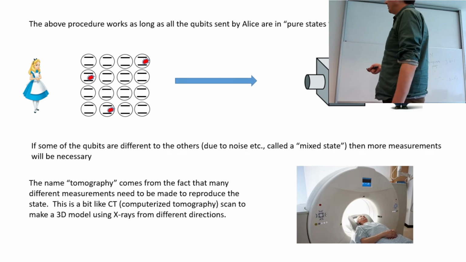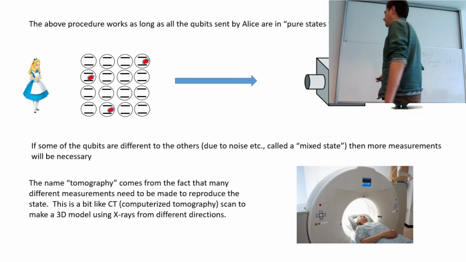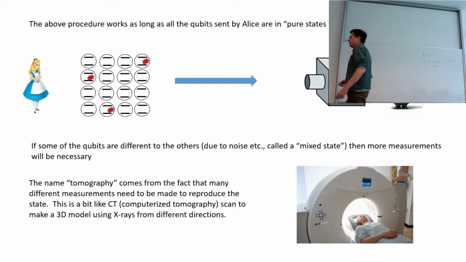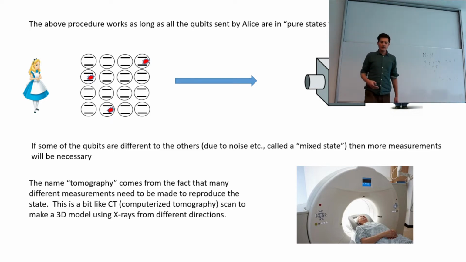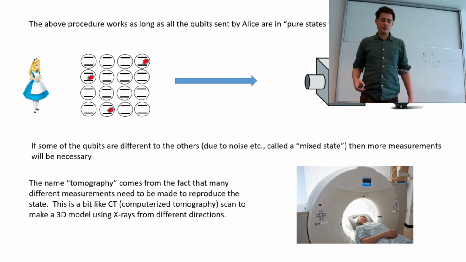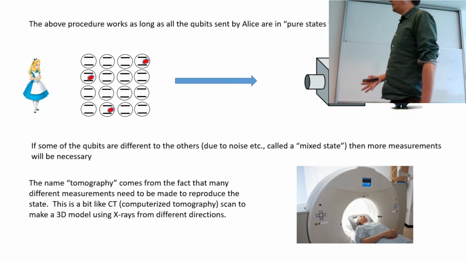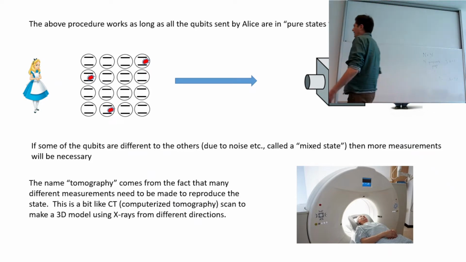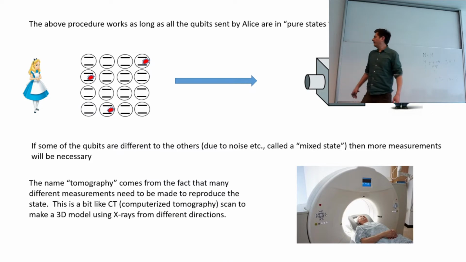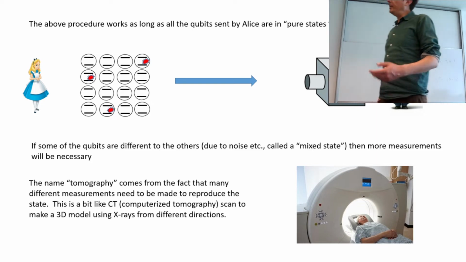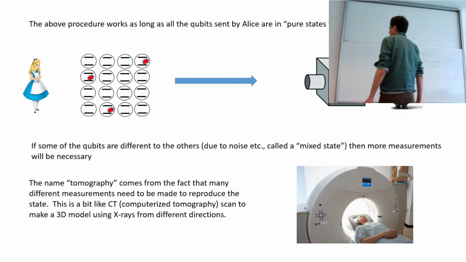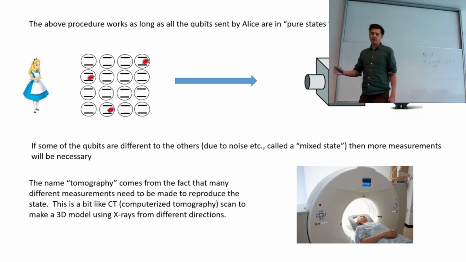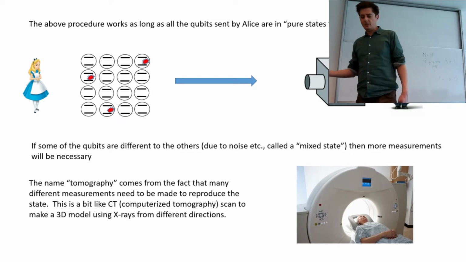In reality, you need to do something a little bit more than this because you can never prepare the state perfectly. There's always some noise in there, and when you account for that, which we're going to do a bit later with mixed states and density matrices, there's another degree of freedom that you need to take into account.